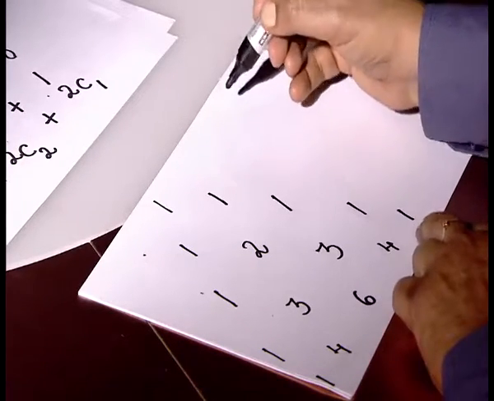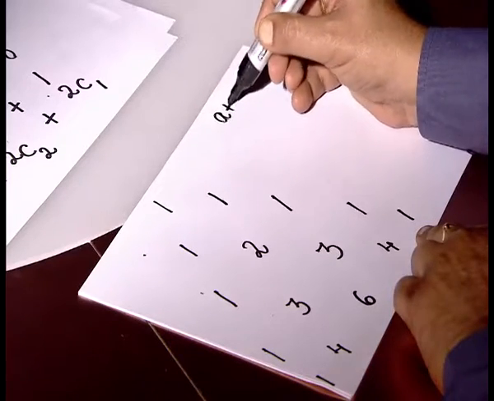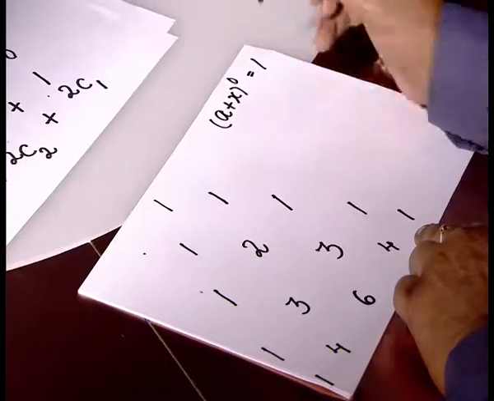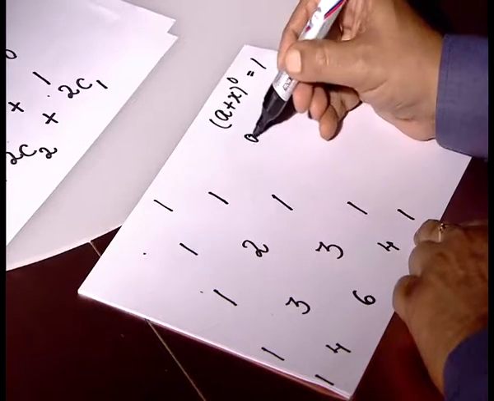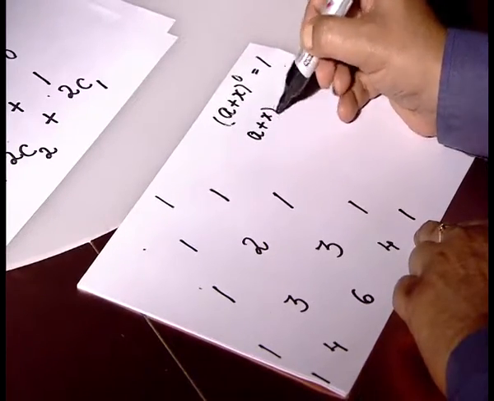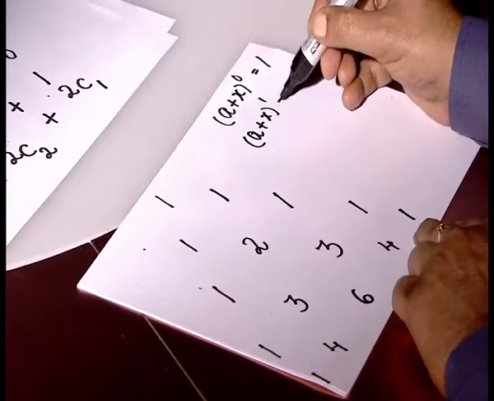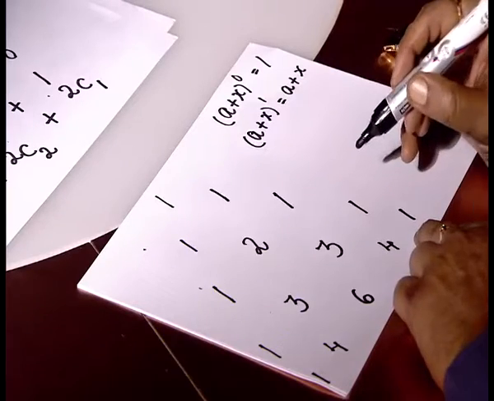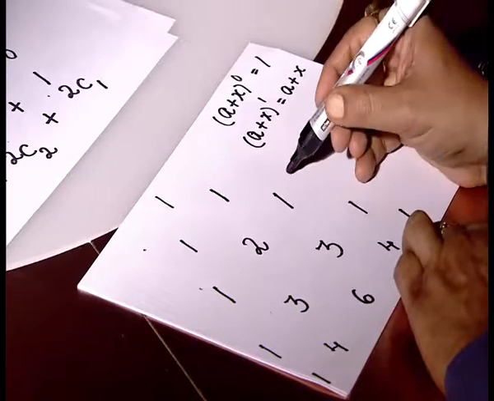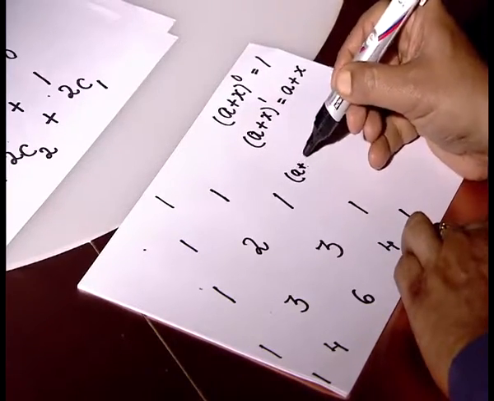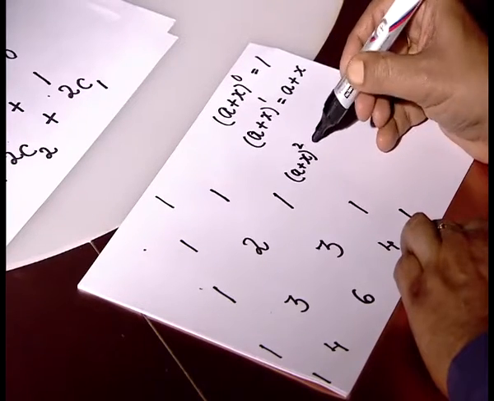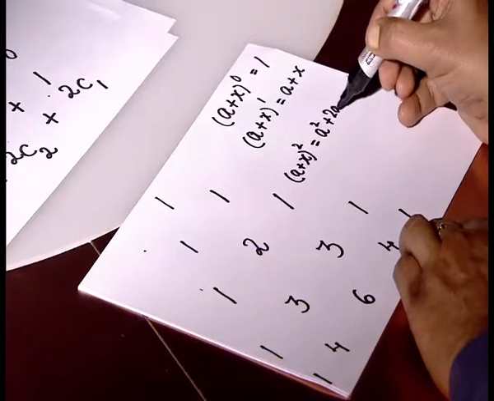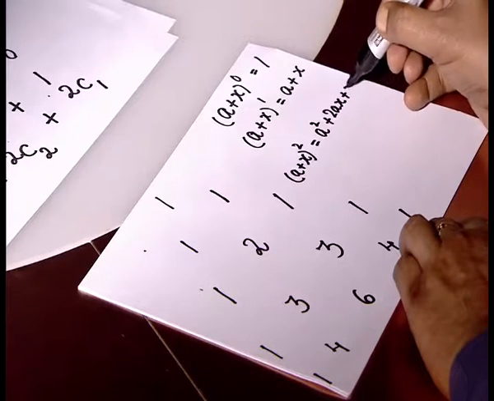See, a plus x to the power of 0 is equal to 1, a plus x to the power of 1 is equal to a plus x. The coefficients are a and x. Now, a plus x whole square is equal to a square plus 2ax plus x square.